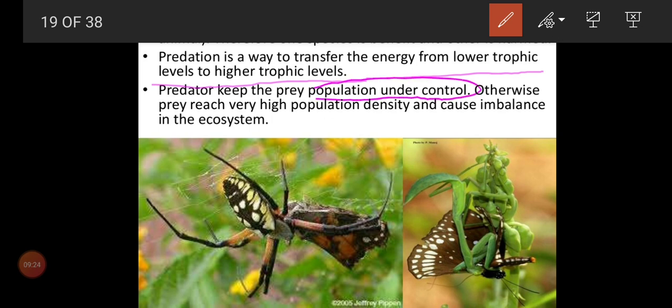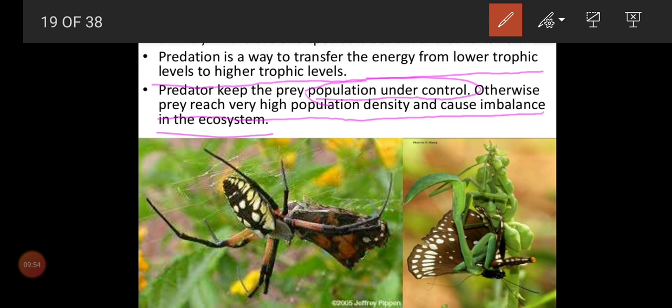You only need to remember two concepts. Predation is an energy transfer tool, and it helps to maintain population under control. Otherwise a very high prey population density causes imbalance in the ecosystem. Imagine the whole area has only deer. Automatically there is competition for grasses, because they depend upon grasses, and there is no food for secondary and tertiary level consumers.